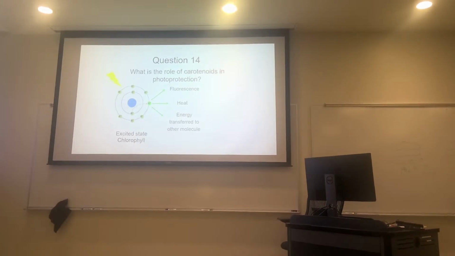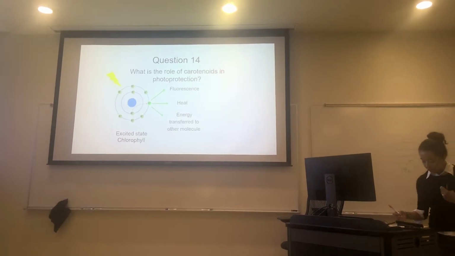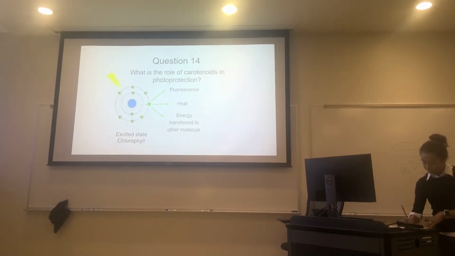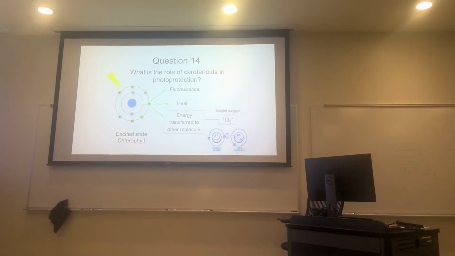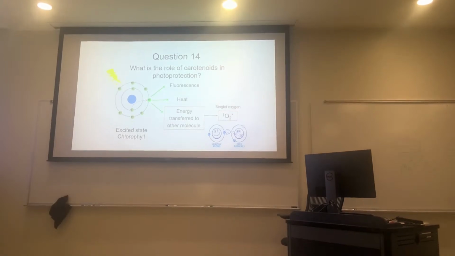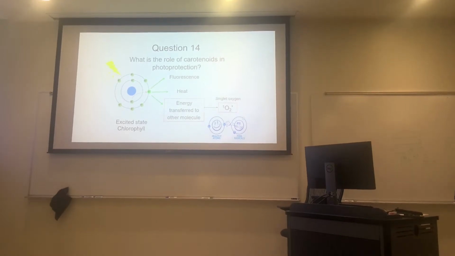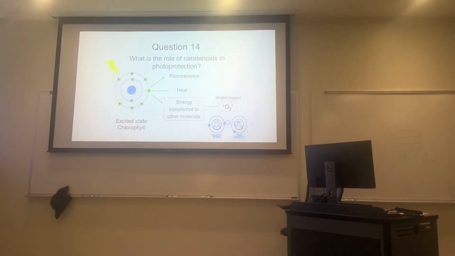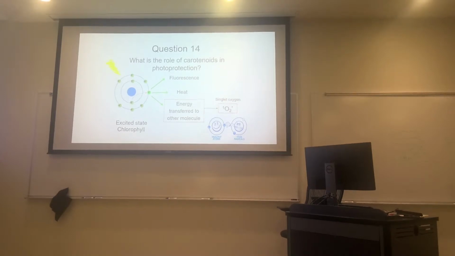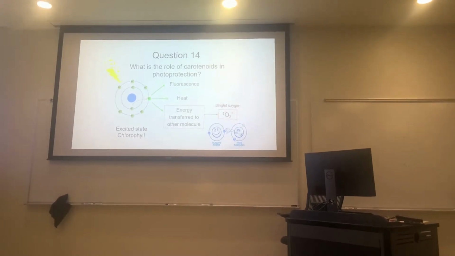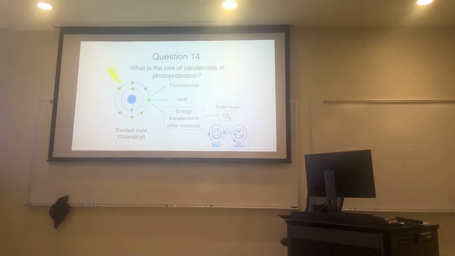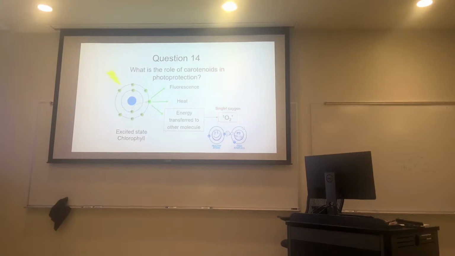Yeah, so carotenoids can, remember, in the diagram, the closer to 400 nanometers in the wavelength, the higher the energy. Carotenoids can deal with higher energy without being damaged, because the excited state of carotenoids is not as reactive as the excited state of chlorophyll.